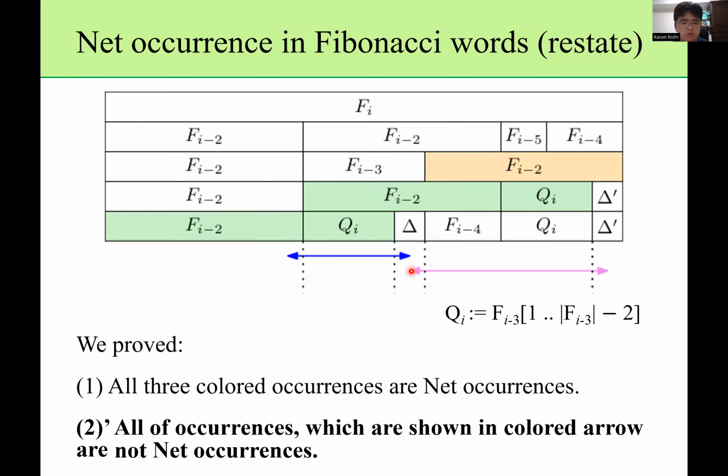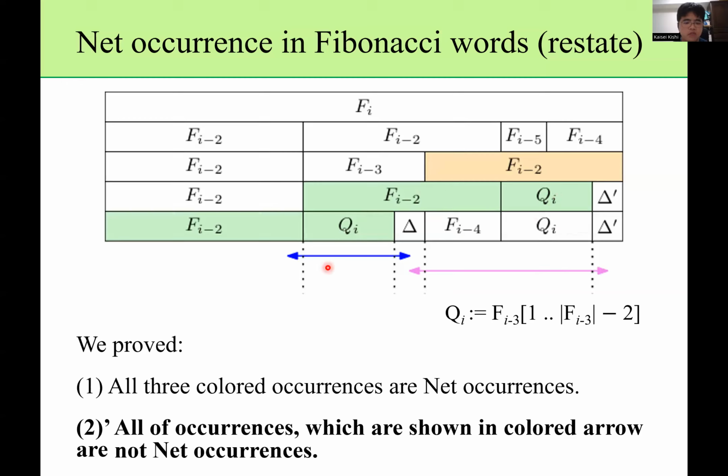And this pink arrow can be longer than here or here, but must be inside this dotted line, because if the pink arrow is longer than this dotted line, this must be the super occurrence of Fi minus 2 Qi. So the pink arrow cannot be a net occurrence. So we only have to think that the pink arrow is outside Fi minus 4 Qi minus y and inside the Fi minus 2 Qi.